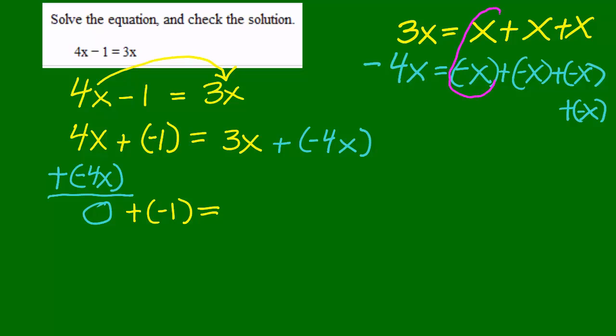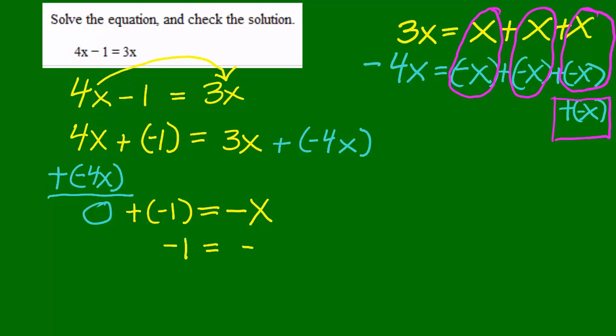Now when I add opposites, I get 0. x plus negative x is 0, x plus negative x is 0, and x plus negative x is 0, leaving me with a negative x. So 0 plus negative 1 is negative 1, and that equals negative x.